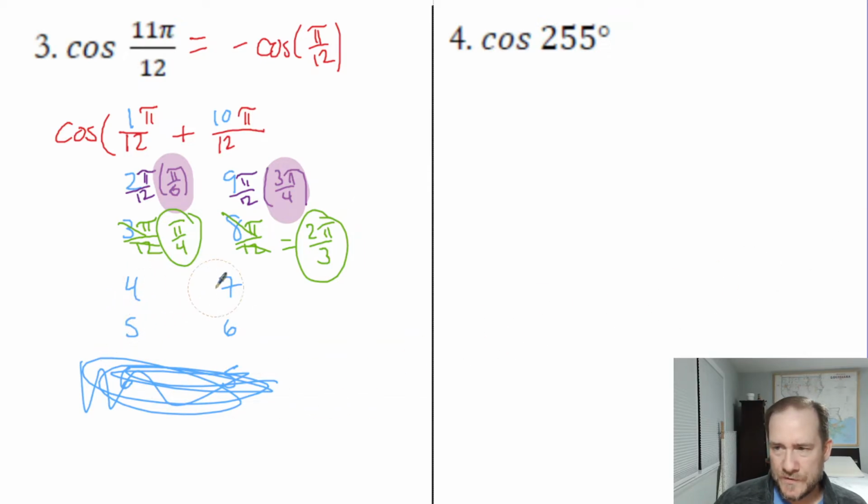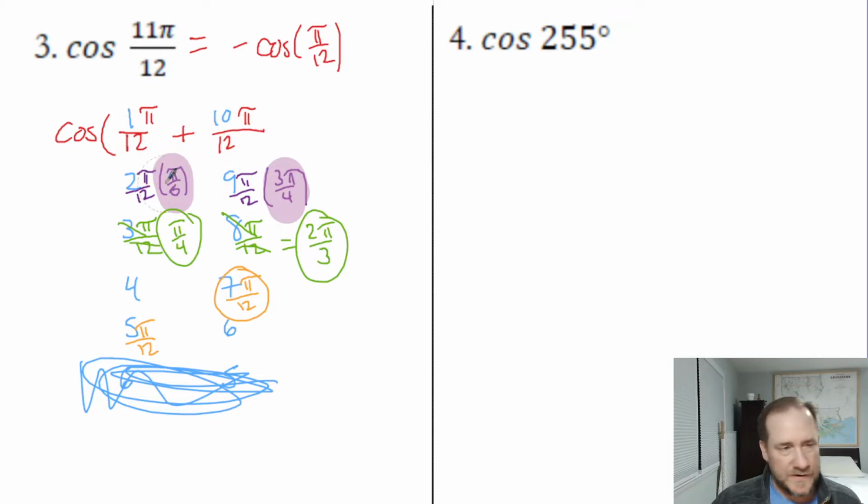But then notice the 4 and 7 is bad because 7 pi over 12 is bad. That doesn't reduce at all, so it stays a pi over 12 that we can't evaluate. And same deal for 5. 5 pi over 12 I can't evaluate because it's a pi over 12. We need to be working only with pi's over 4, pi's over 3, pi's over 6, pi's over 2. Those are the clean unit circle angles that we can evaluate.